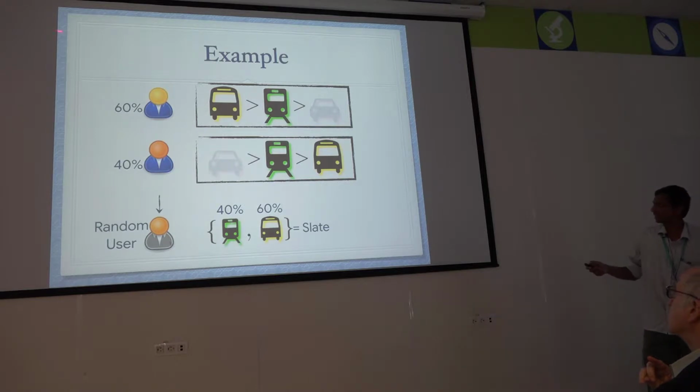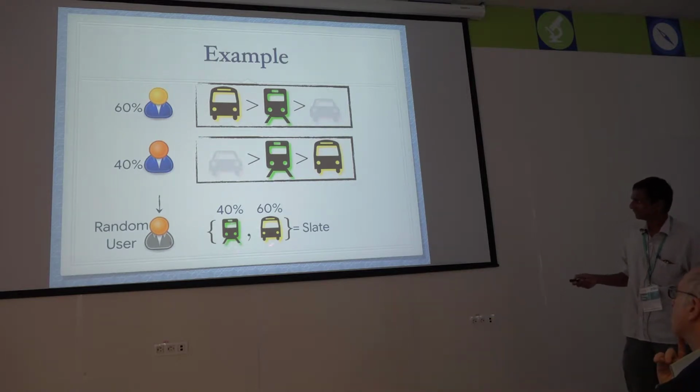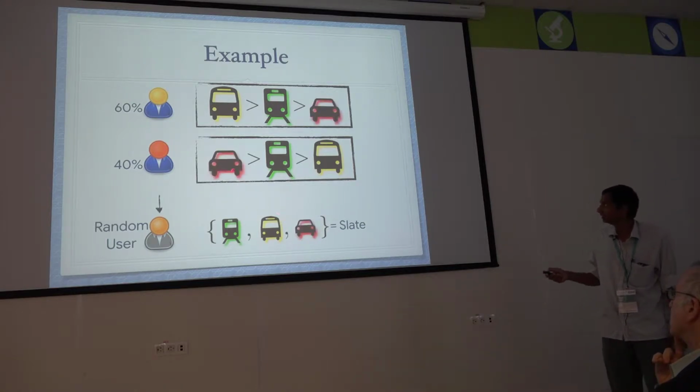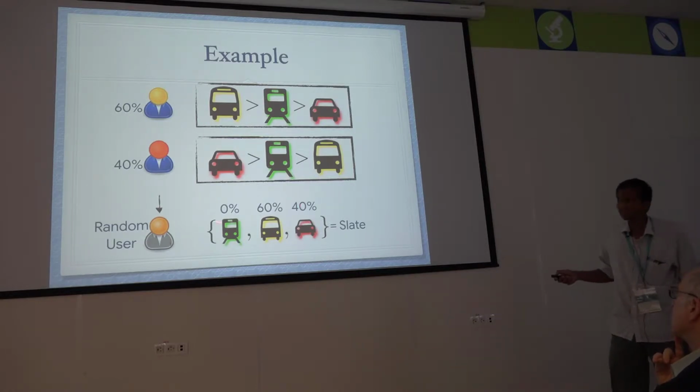So since they are 60% yellow and 40% red, effectively for this slate, for a random user, 40% of the people will pick the train and 60% will pick the bus. And in fact, if you enlarge the slate to include the green train, because the train is never the top choice for anybody, it will get picked with 0 probability.